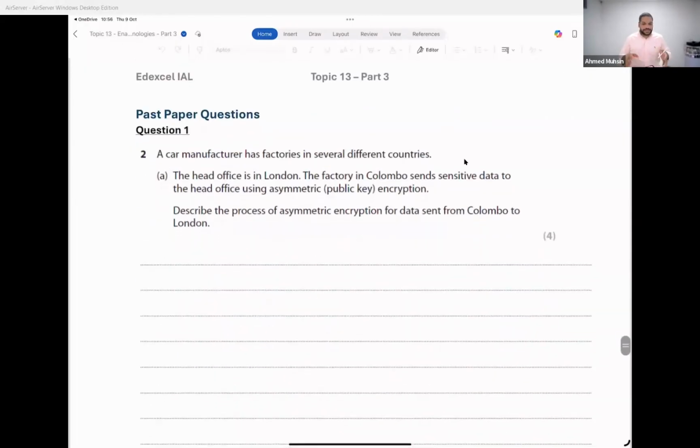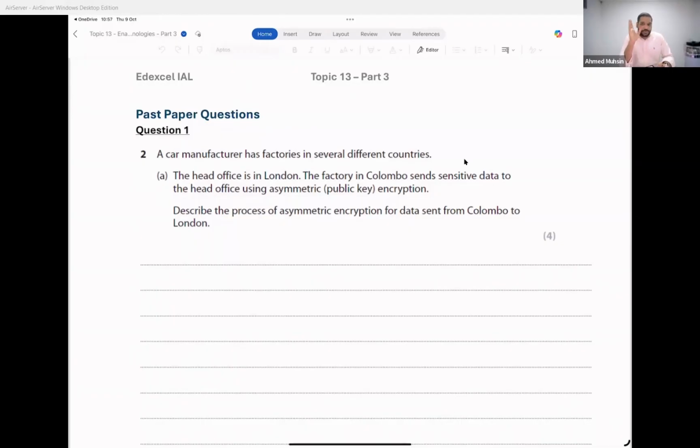A car manufacturer has several factories in several different countries. The head office is in London. The factory in Colombo sends sensitive data to the head office using asymmetric key encryption. Describe the process of asymmetric key encryption for data sent from Colombo to London. We are using asymmetric.